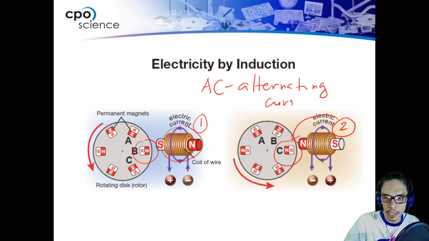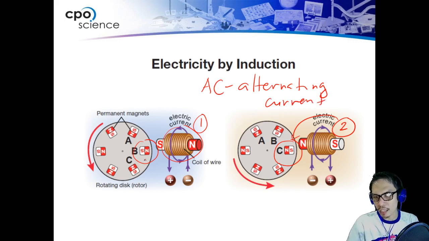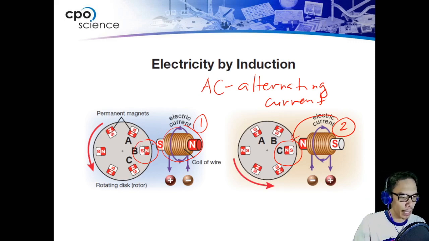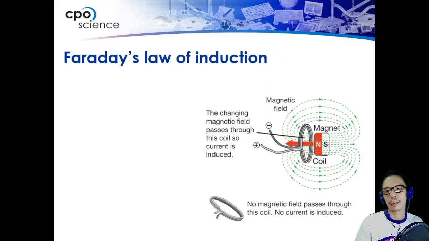As you can see on this diagram, the current is changing its direction as two different polarities of the magnet interact with your loop of wire. That is alternating current.